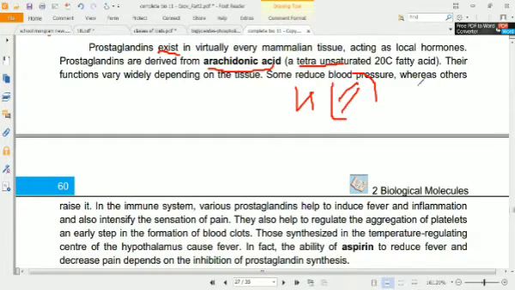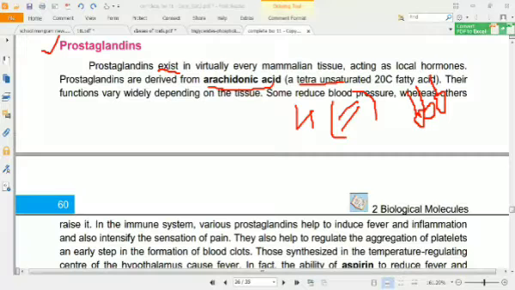our phospholipids or lipid bilayer of the plasma membrane. You can see here, here and here. So here we can say the lipid bilayer of the cell membrane, of the plasma membrane.